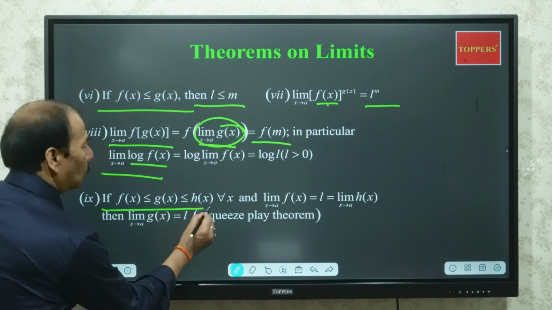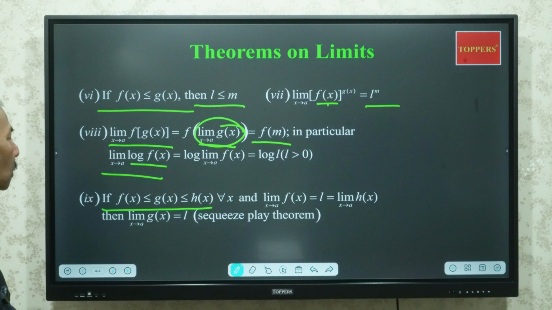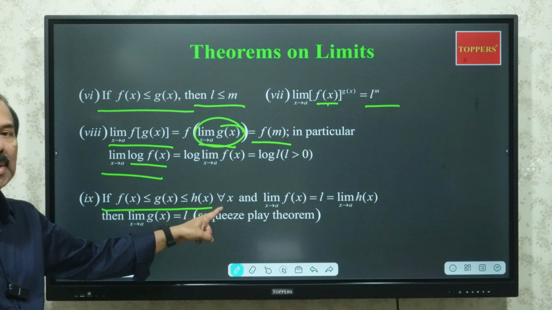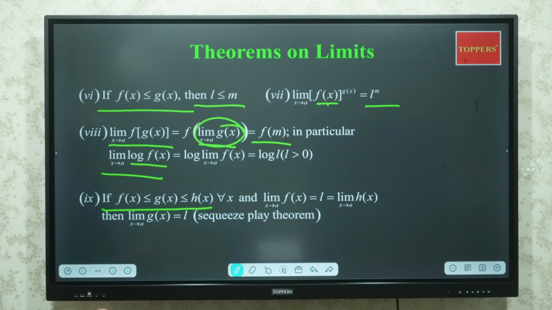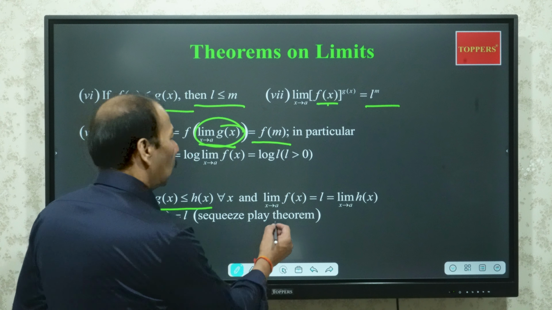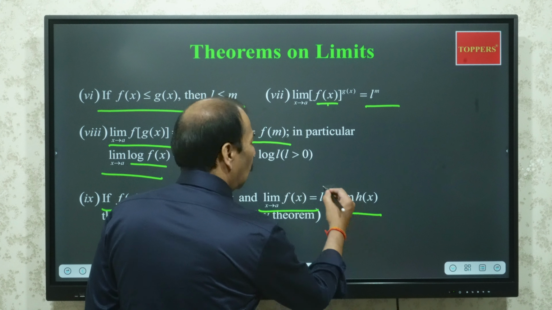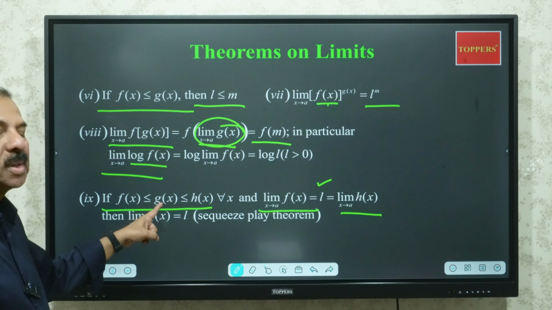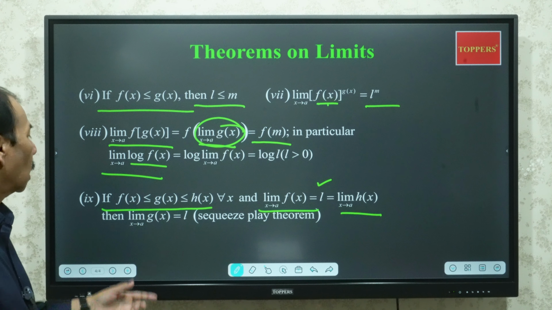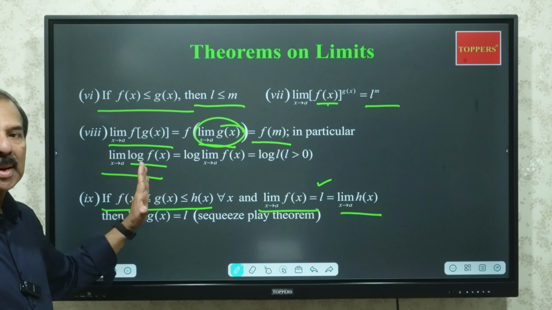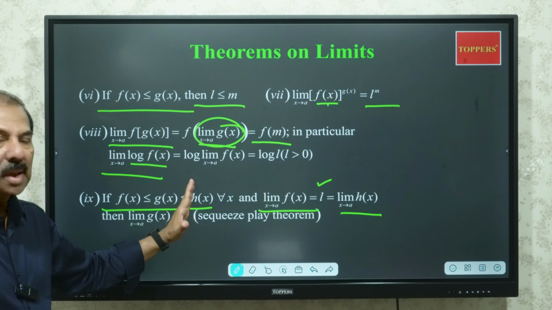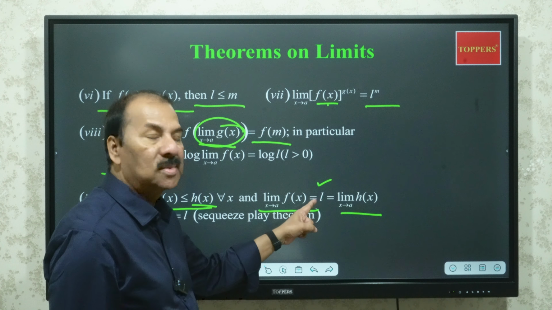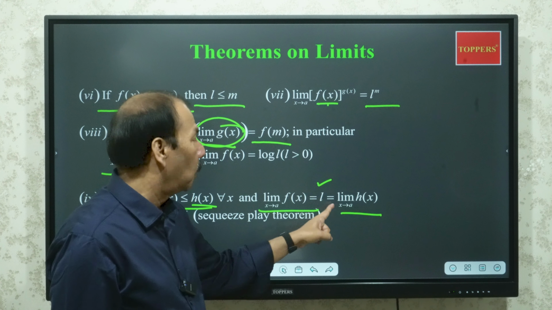Again, suppose you have this inequality; these are some of the special features. If f of x is less than or equal to g of x, and g of x is less than or equal to h of x for all values of x in the complete domain of the function, and the limit of f of x is equal to the limit of h of x, and both are the same, equal to L, then the limiting value of the function g of x is also equal to L. See this inequality: f of x is less than or equal to g of x, g of x is less than or equal to h of x, and the limiting values of f of x and h of x are the same. The limiting value of f of x is L, and the limiting value of h of x is also L when x tends to a.